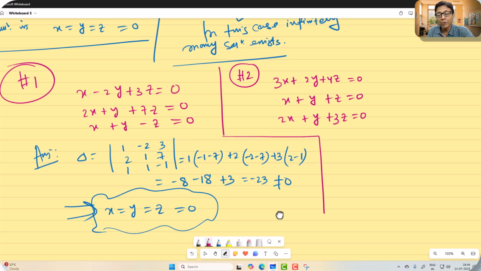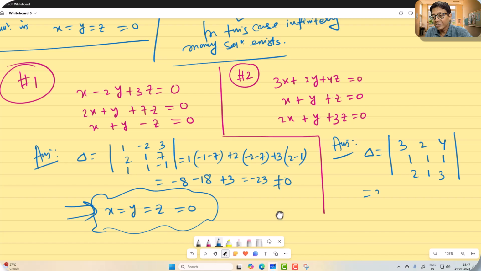Now, what will happen for the next one? Let us find the coefficient determinant in this case. The coefficient determinant will decide whether the solution will be trivial or non-trivial. Let us write delta over there: 3, 2, 4, 1, 1, 1, 2, 1, 3. This is 3 into 2, minus 2 into 1, plus 4 into 1 minus 2. 6 minus 2 minus 4 equal to 0.